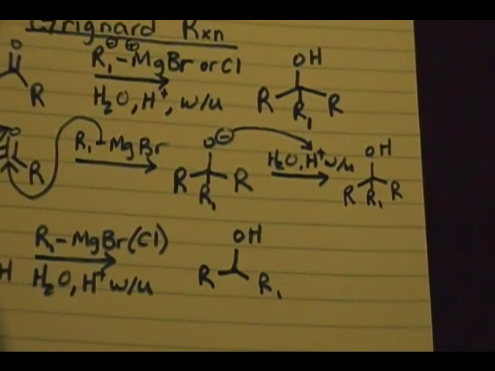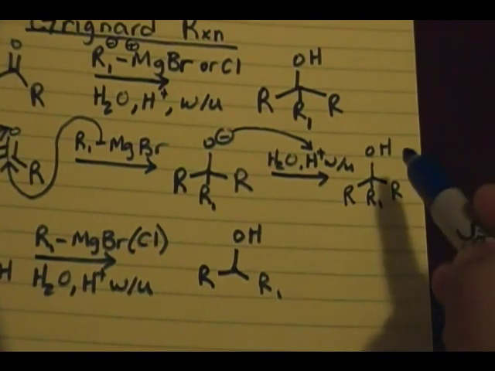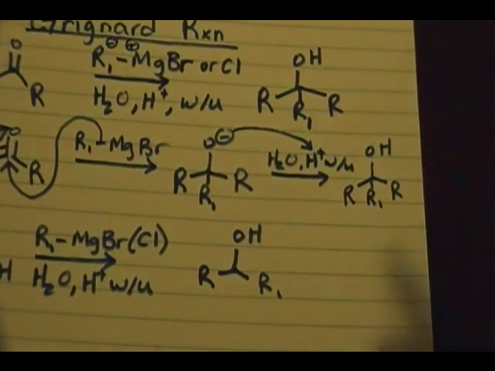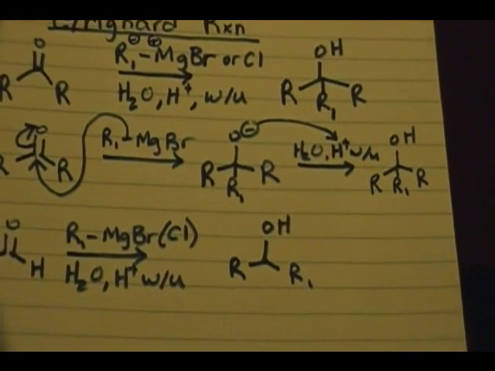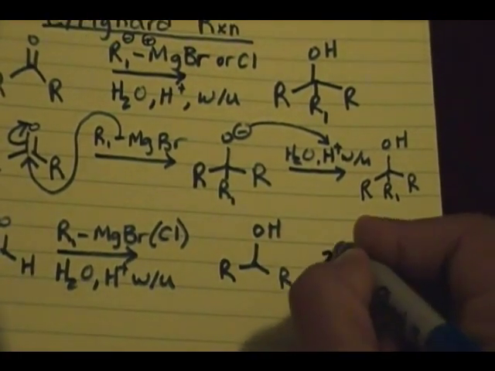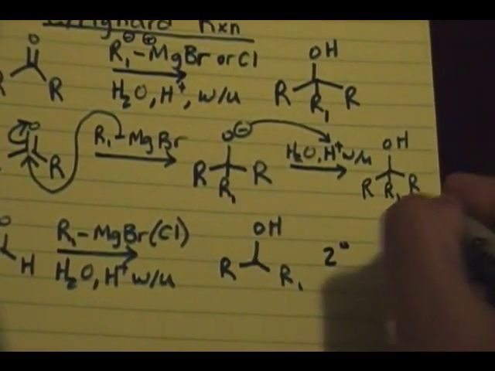Okay, so in order to determine if your alcohol is primary, secondary, or tertiary, you have to look at the carbon attached to the oxygen, and you base it on what that carbon is attached to. So yeah, you form the secondary alcohol. Put a secondary, and this is a tertiary alcohol.